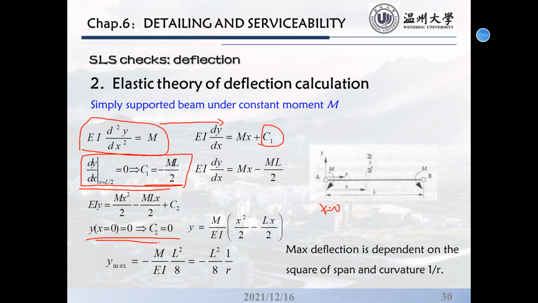For this formula, now we get the y. The maximum deflection depends on the square of the span and the curvature. This is curvature. And the square of the span has this form, right? Simply supported beam.